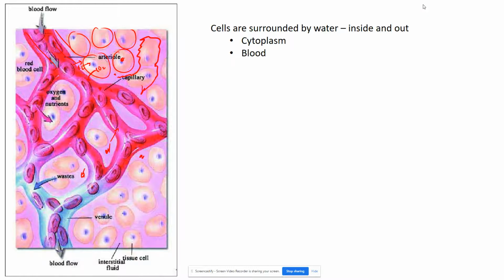We're going to get into that, but let's write some things down. Here I'm going to go through this flow of ideas. So cells are surrounded by water inside and outside. So here, inside the cell and outside the cell and in your blood too. We have the cytoplasm that's inside the cell. The blood surrounds your cells. And interstitial fluid is all of the fluid surrounding your cells in any of your tissues.